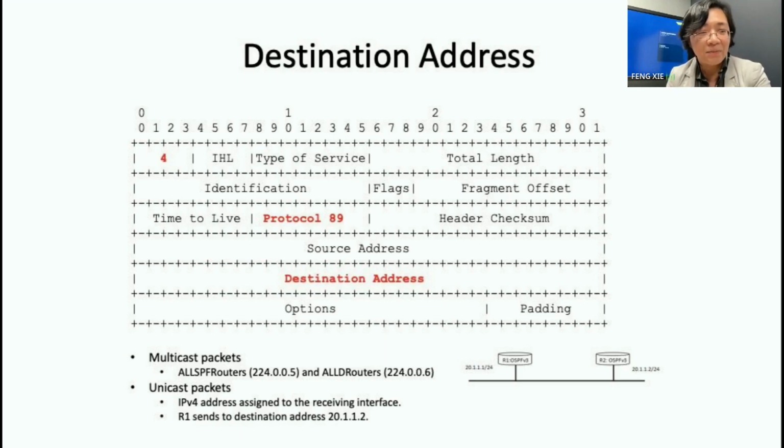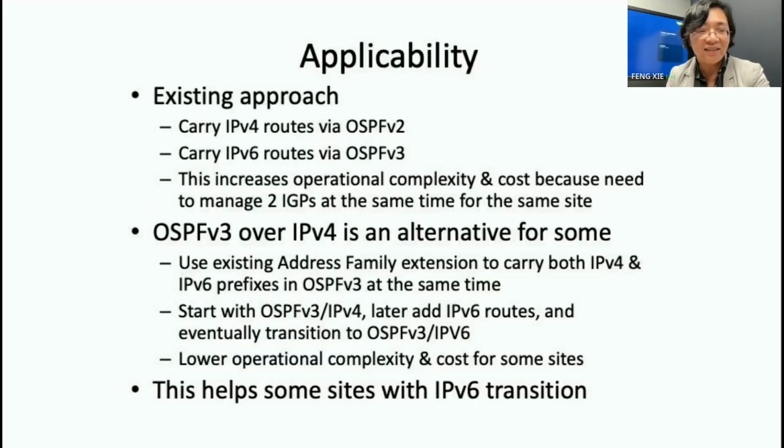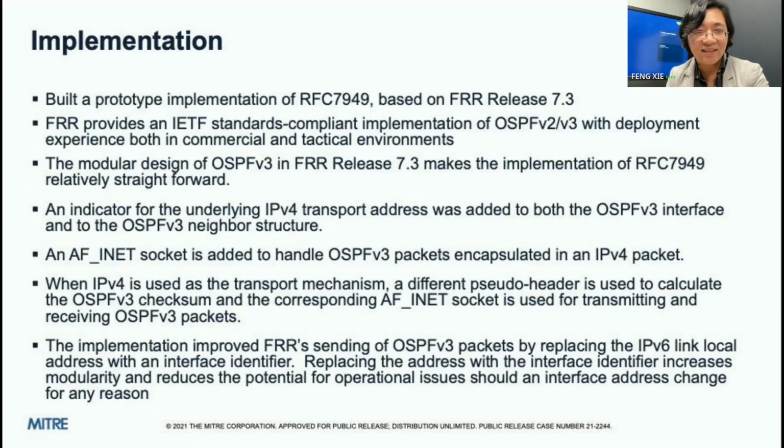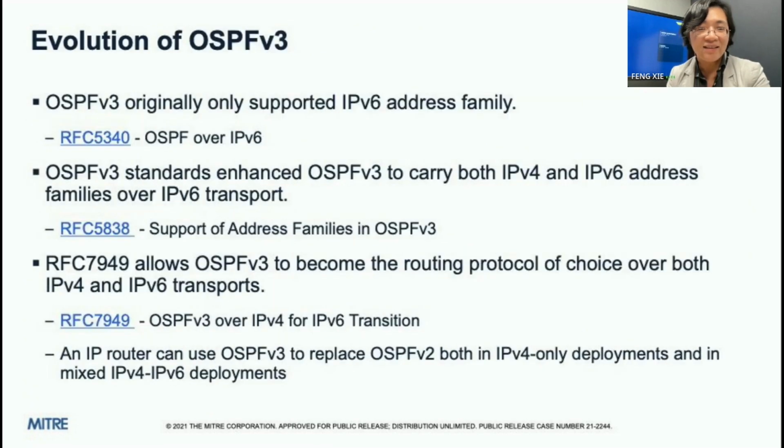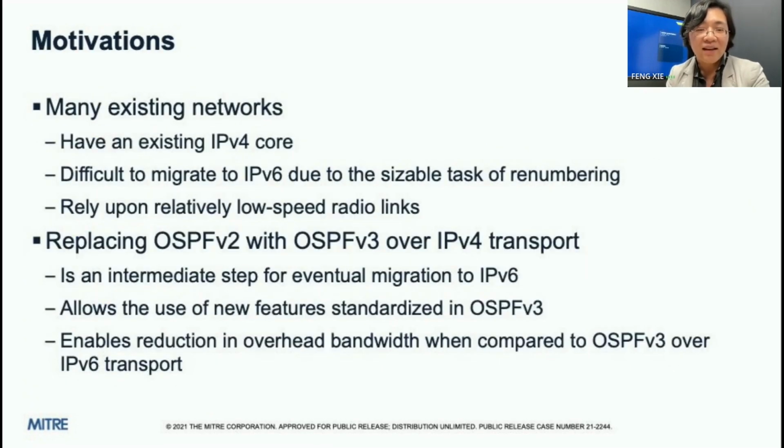If you could go back to the other set of slides. Yes, the motivation. Next slide. The reason that we want to do this, I guess there are two aspects. One is the existing networks. There are a lot of IPv4 networks that we have no ability to upgrade, or it is very difficult to upgrade.